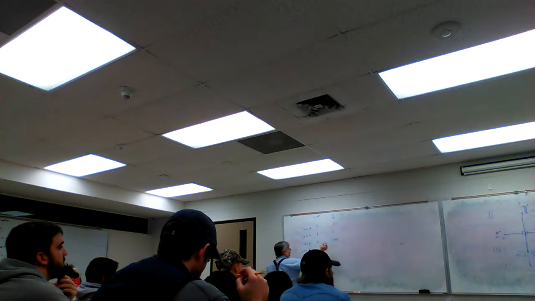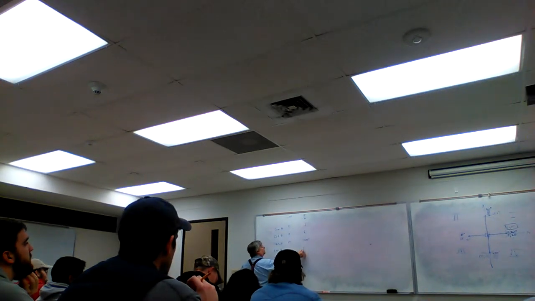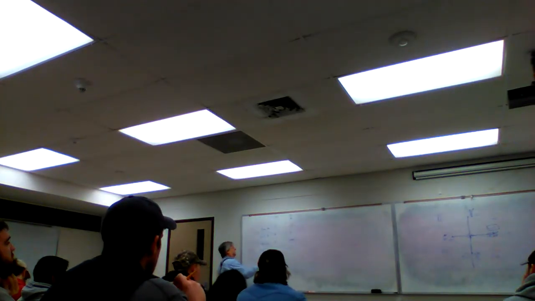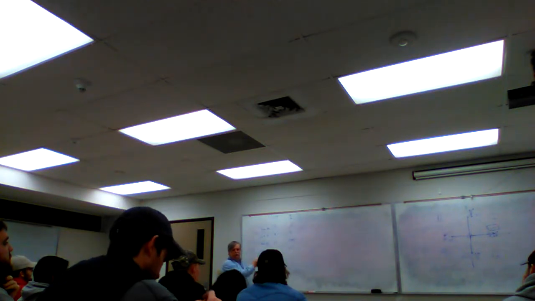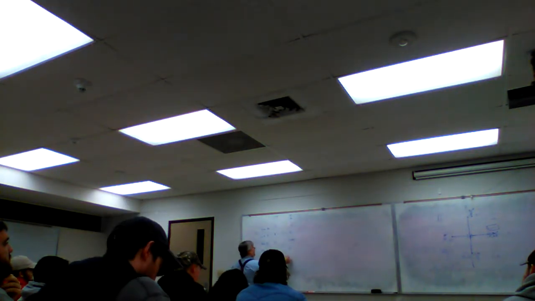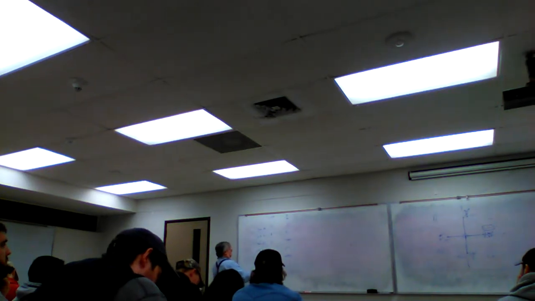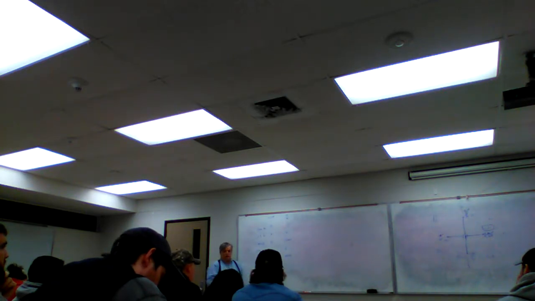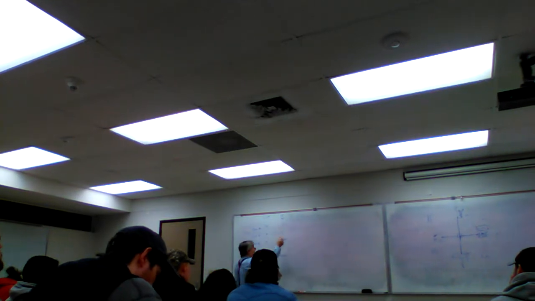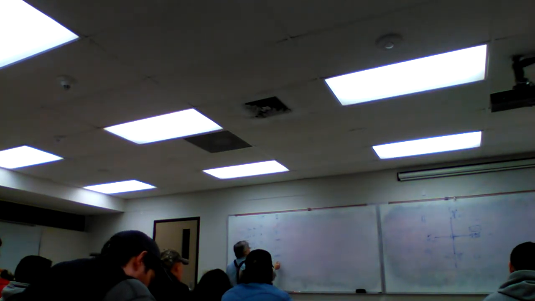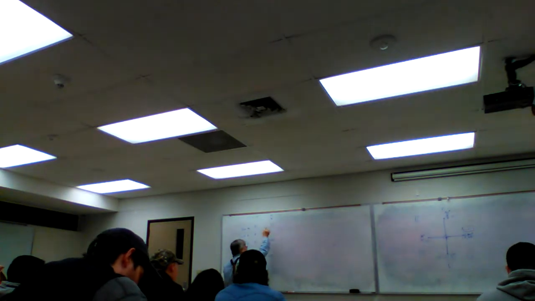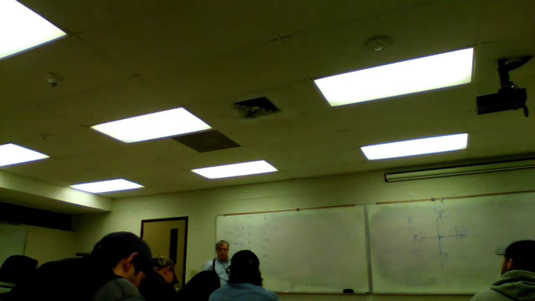Cosecant is now 1. It's the reciprocal of 1, which is 1. The secant is the reciprocal of 0, which is undefined. And the cotangent, because the tangent is undefined, is 0 divided by 1. No, 0 divided by 1 is still 0.